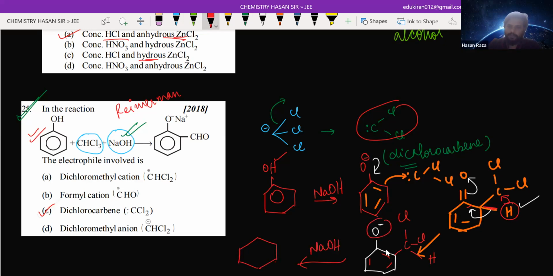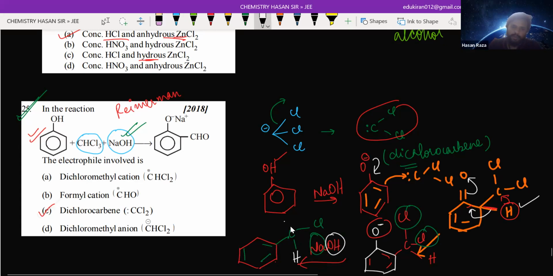The bond was like this, and then the chlorine will be removed from here in the form of NaCl, and here there was carbon, and then there are two chlorines, of which one will be eliminated. That means only one chlorine will be there, and this OH will come here.